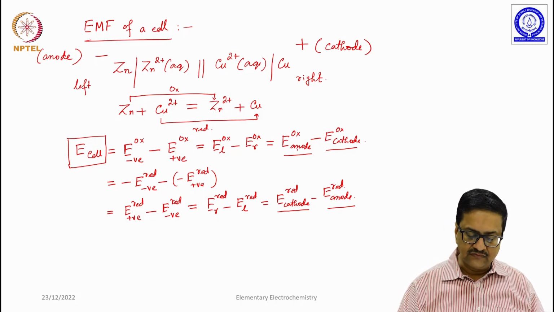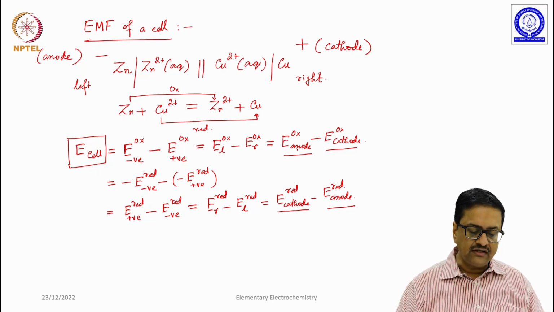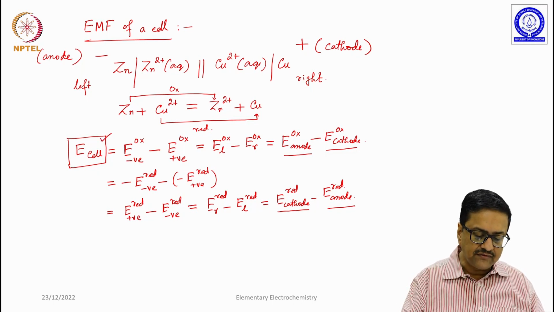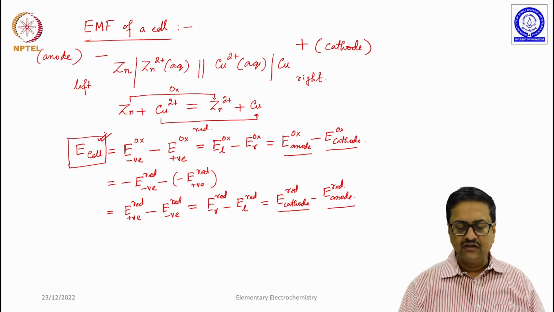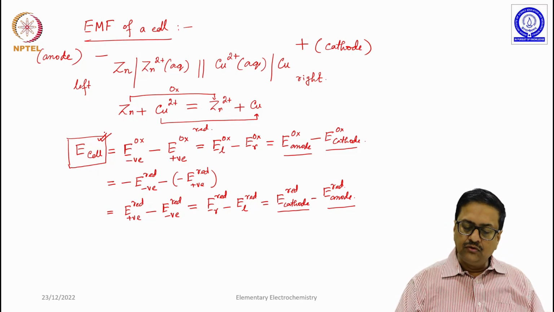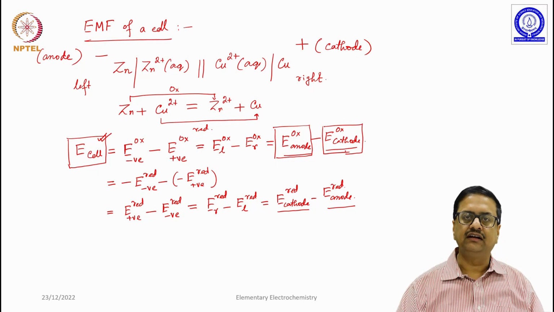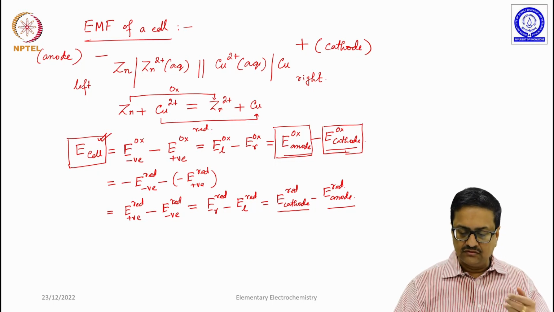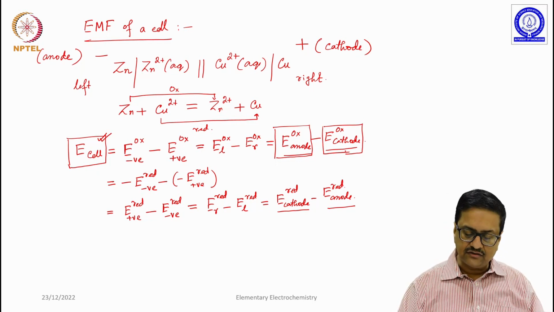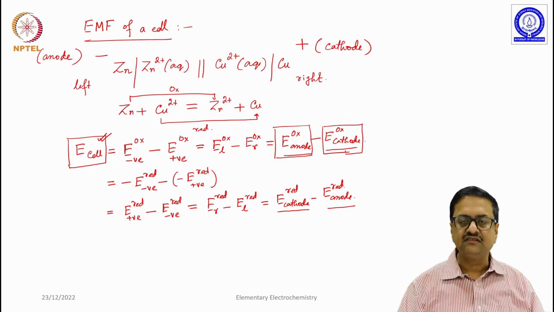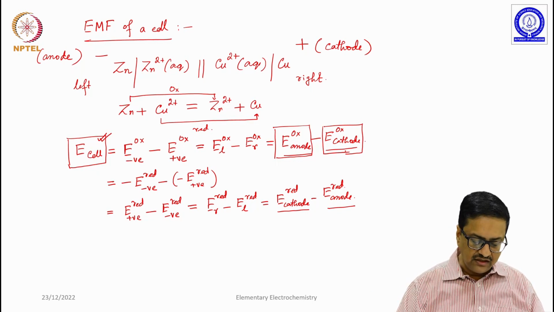Now, when we try to measure the EMF of a particular cell, we need to know both the E anode and E cathode, whether in the oxidation or reduction mode. To know the electrode potentials of different electrodes, one has to know which is 0, and from there we do the calculation.